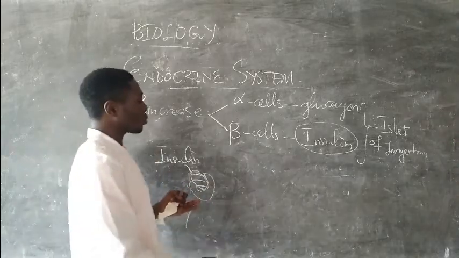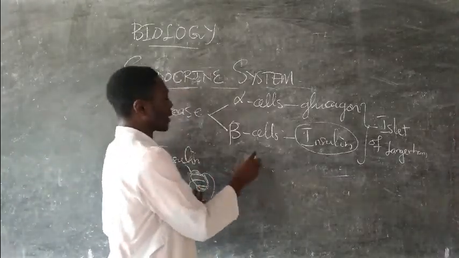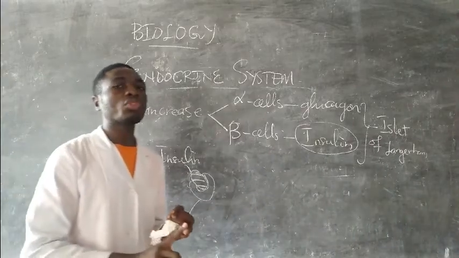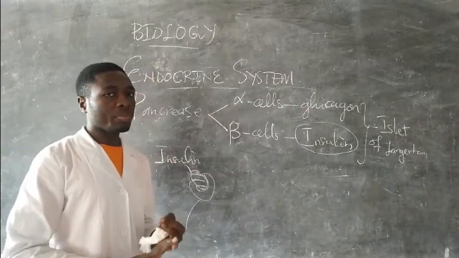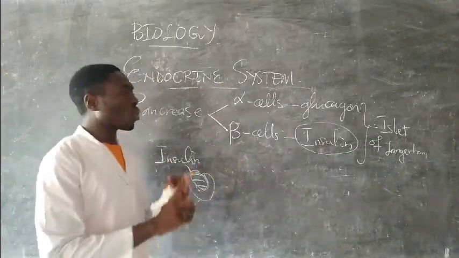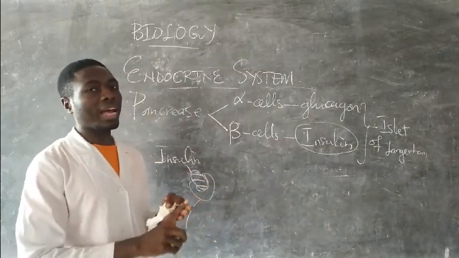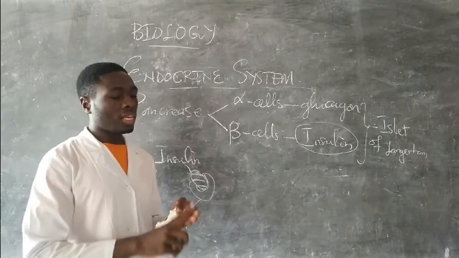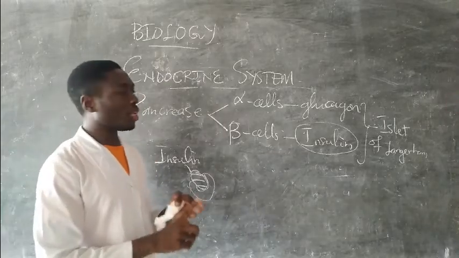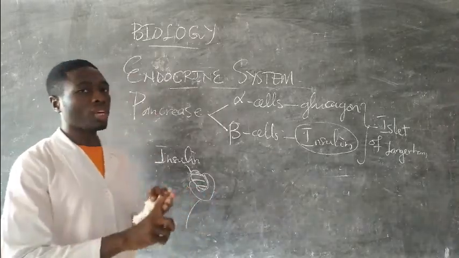So more glucose will be converted and stored as glycogen within the cells, therefore reducing the level of glucose in blood. Insulin is going to cause excess glucose to be converted to lipids and stored in adipose tissue. That is one of the ways by which insulin decreases the level of glucose in blood.